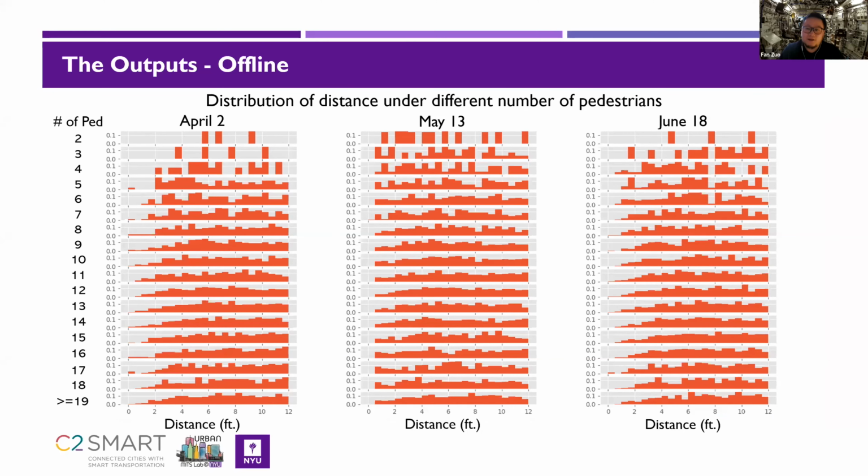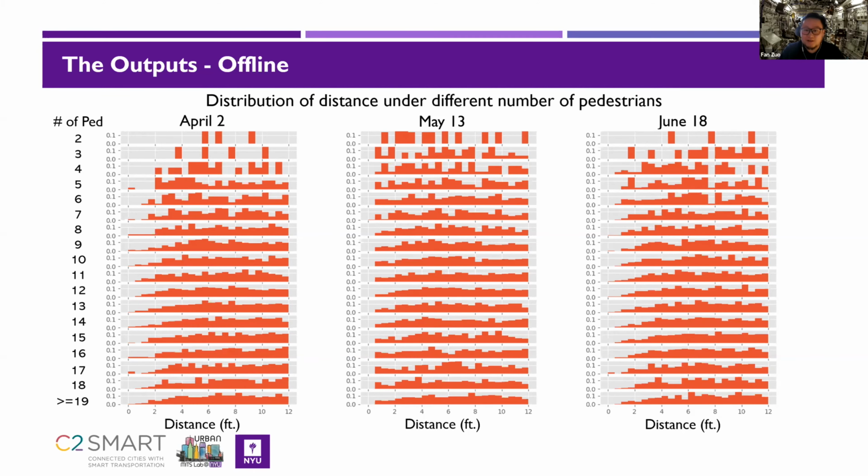So firstly, we categorized the video frames by the number of pedestrians, which means if the frame contains 5, we will combine them together as one category. If it contains like 10 pedestrians in the frame, we will combine them together. And after that, we can compare the distancing distribution under the same conditions, right?